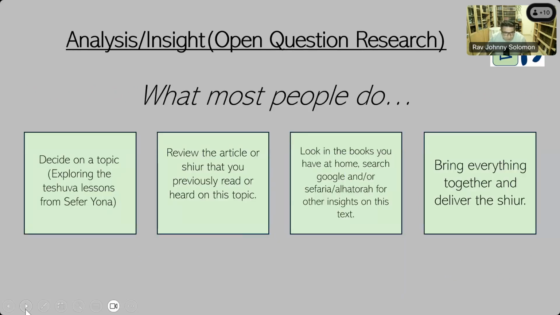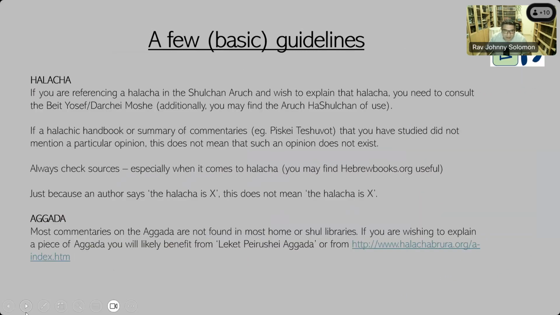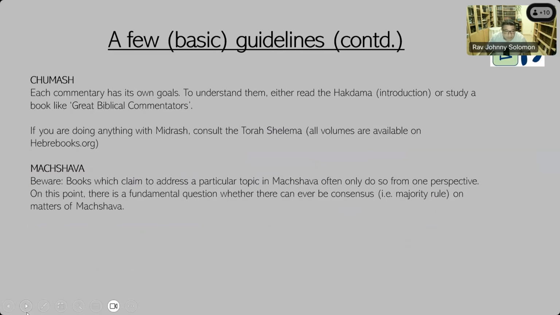That's a way in which you'll encounter ideas which will most certainly enrich the more obvious standard answers perhaps to the question you're exploring, or more obvious standard insights to the text you're trying to explain. And there are certain approaches and certain works and certain tips for different areas that you're exploring.